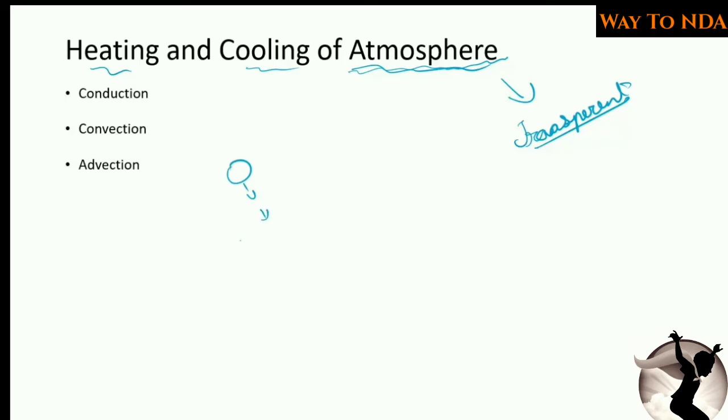Here you will find the atmosphere is mainly transparent and it can pass through, and it can reach the earth's surface. For example, consider this is the earth's surface, and the solar radiation, that is the insolation, will fall down. So by this the atmosphere doesn't get heated up. Remember one thing, by the insolation the atmosphere does not get heated.